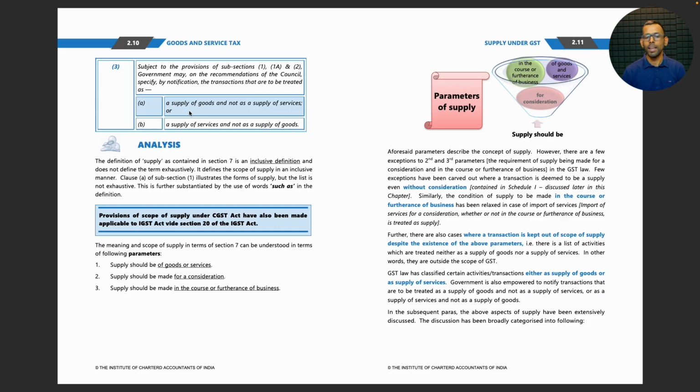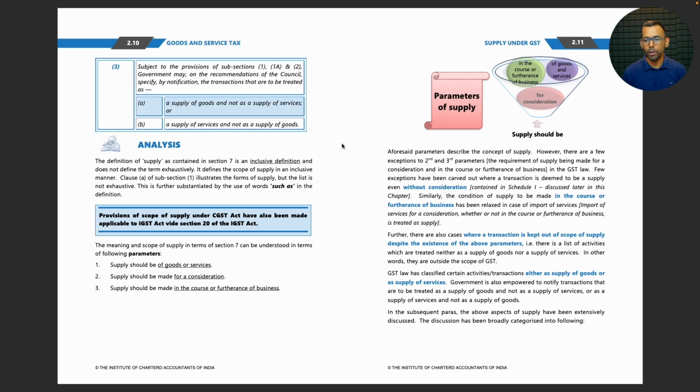I think these could be some composite supplies where an element of goods is also involved, and an element of service is also involved. So a gray area has come. In that situation, the government will specifically say, treat it fully as a supply of goods, or treat this fully as a supply of service. So this subsection 3 is like a clarificatory thing. We will see this in detail.